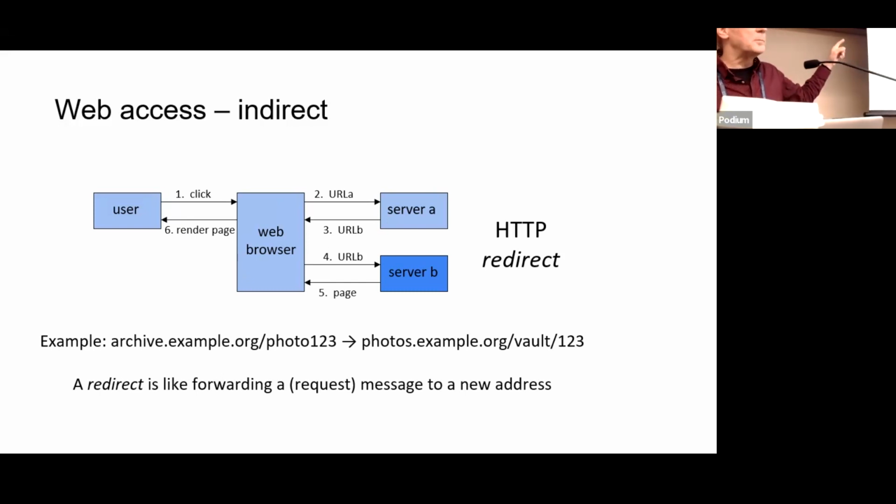So unbeknownst to the user, the request is forwarded to a separate server. So that's web redirection, that's web indirection. And often there's a chain of redirects that takes place, maybe 10, 14 redirects. All of this is so fast, the user is completely unaware of this, or usually unaware of this. So it's basically forwarding to another address.